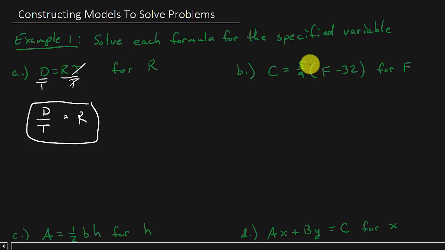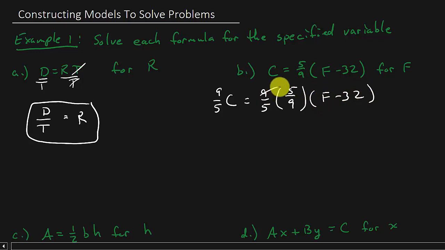So basically, I want to get a 1 in front of the parentheses here. So if I multiply both sides by the reciprocal, by the 9/5, look what that does.